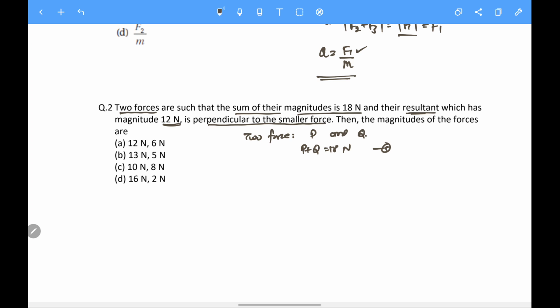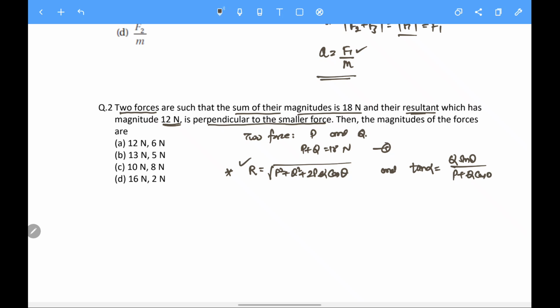We know the sum of the two forces is R equal to square root of P square plus Q square plus 2PQ cos theta, where theta is the angle between P and Q. This we have already done in the scalar and vector chapter, where sum of two vectors using the parallelogram method, and angle between them is tan alpha equal to Q sin theta by P plus Q cos theta.